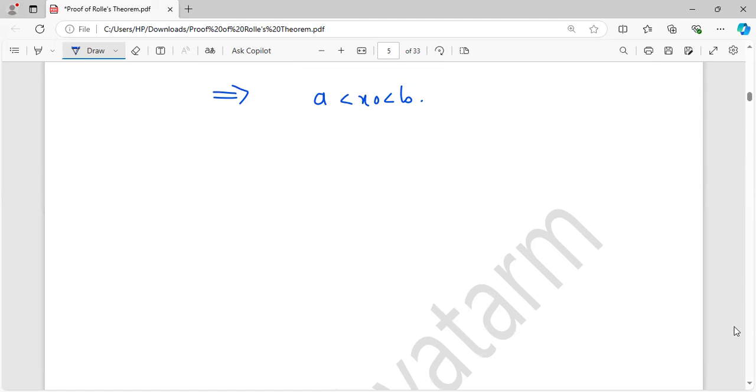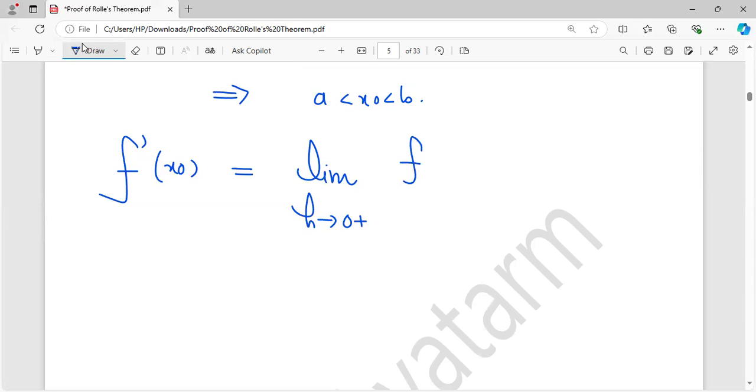Now, what is the limit? What is the derivative, f dash of x naught? If we take the right hand derivative, what is this?